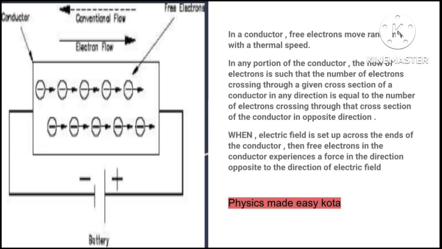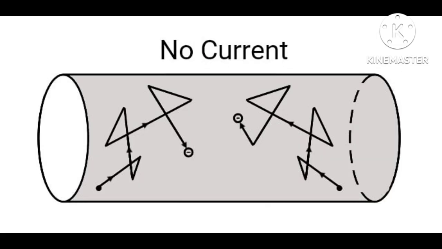In other words, the same number of electrons pass through the same cross-sectional area in the same time. So the net flow of electrons can be taken as zero. Hence, the electric current in a conductor is zero. So this figure explains the random flow of the electrons in the conductor, and the net electric current in the conductor is taken as zero.